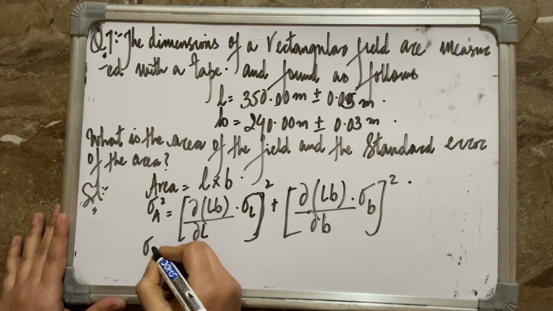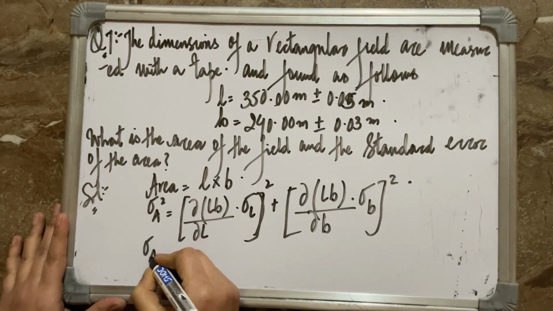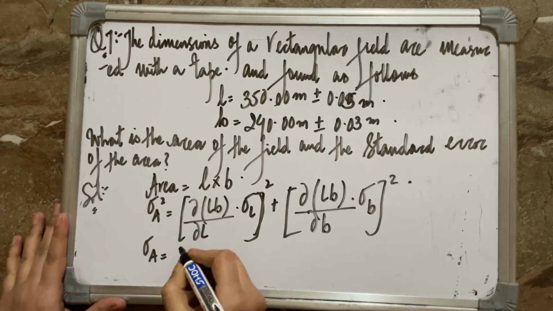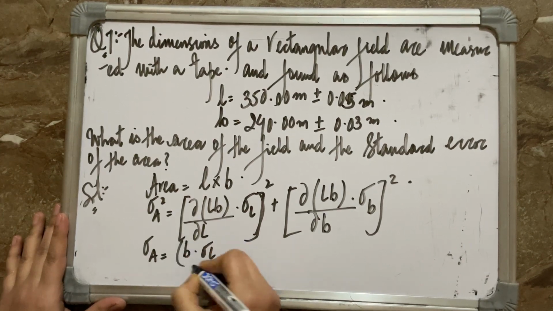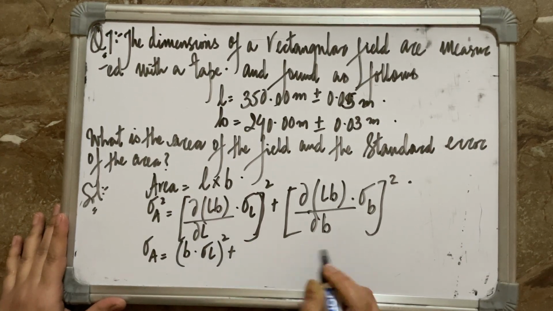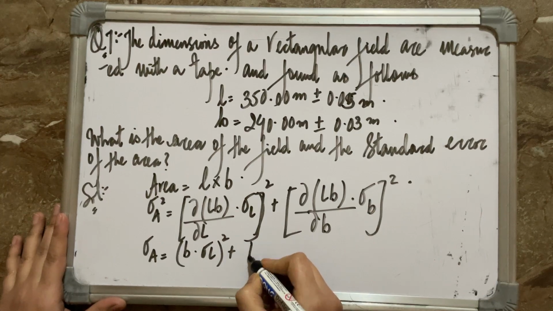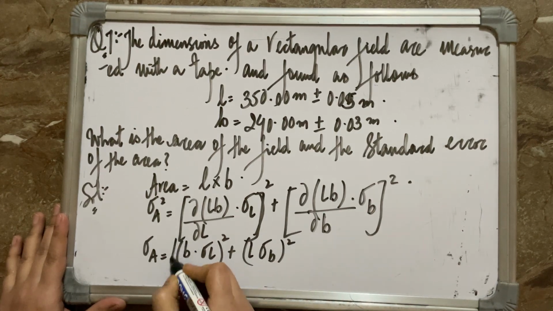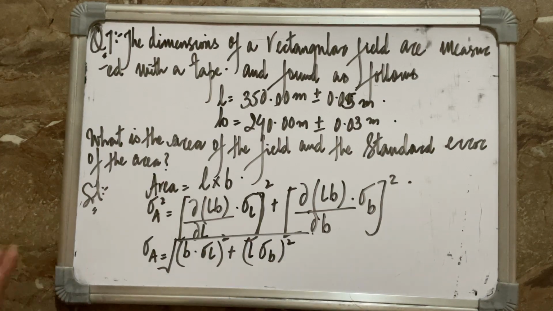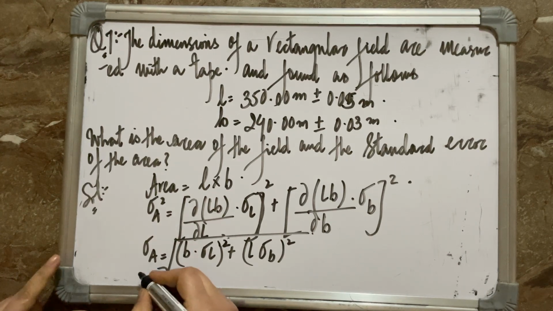So sigma A is the square root of B sigma L squared plus L sigma B squared. Now I'll substitute the values and I'll get the answer.